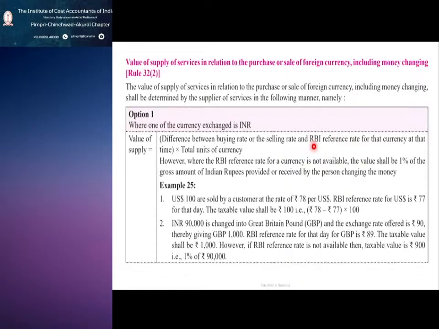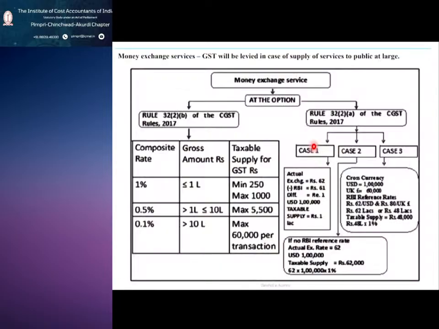So now we are seeing that there are 2 rules. 2 rules means it is at the option. At the option means if you are doing this type of services, you can opt for 32(2)(a), or 2B, it is your preference only.